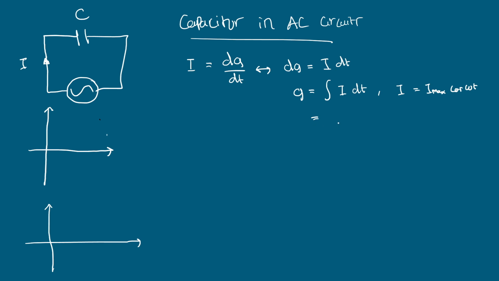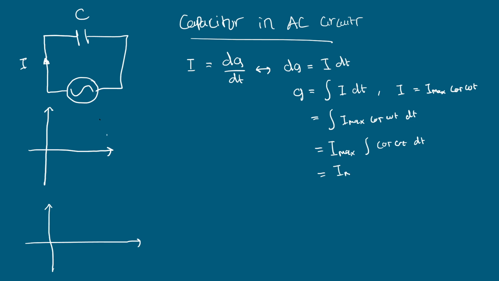So we're going to have the integral of I max cosine omega t dt. Then, because I max is constant, we can just take it out. The rest is the integral of cosine omega t dt, right?